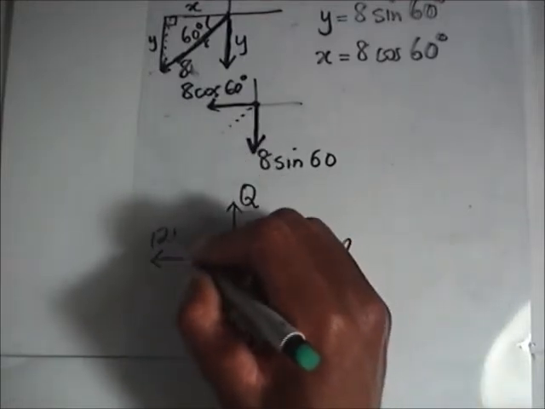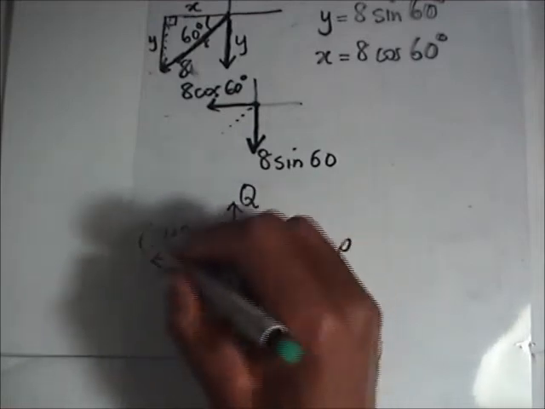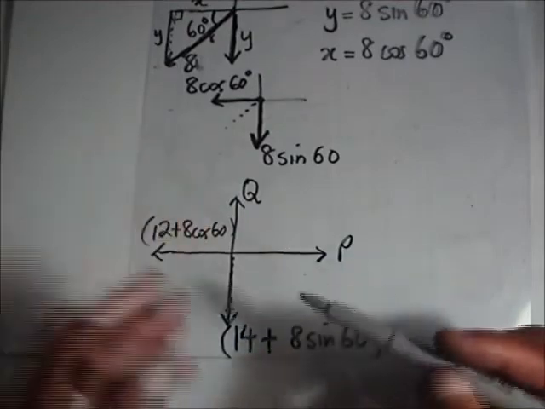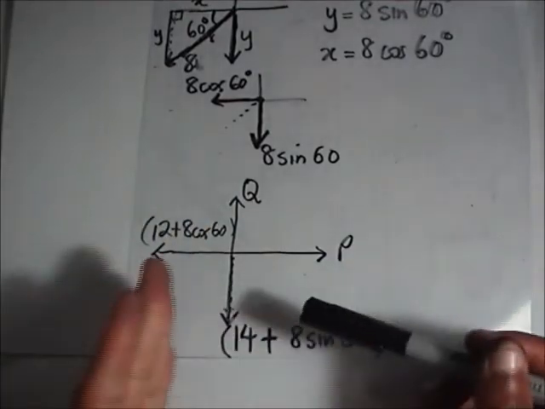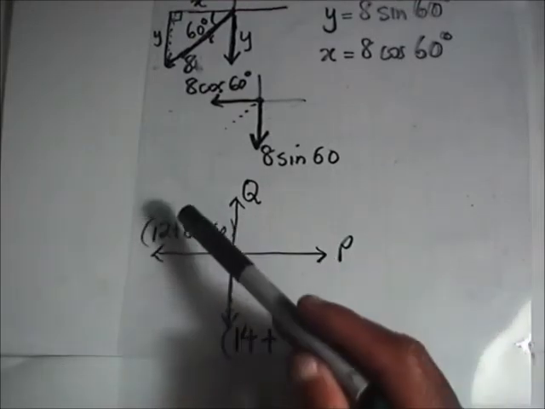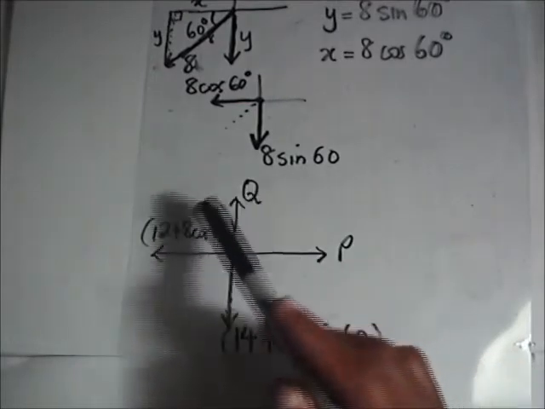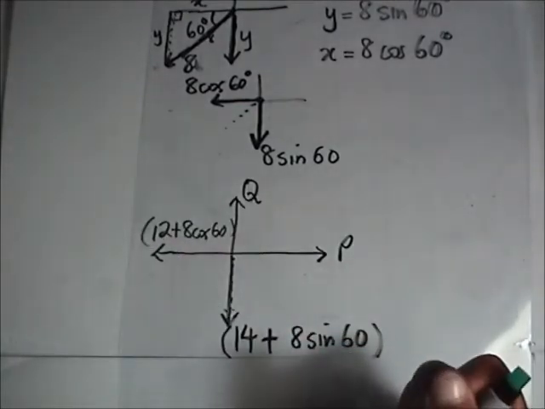So we are going to add the two to get the total strength that is going to the left hand side: 12 that was originally there, plus 8 cos 60. So these are our forces.